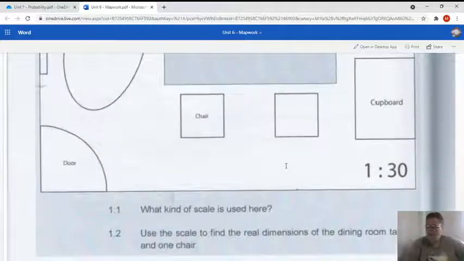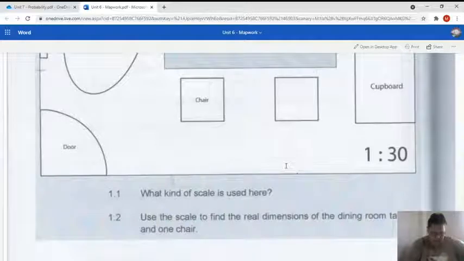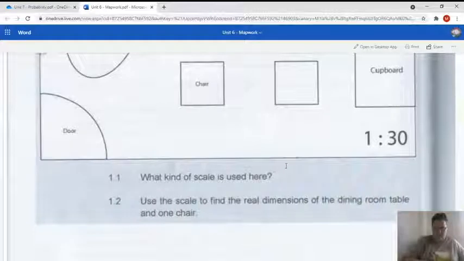If you look at this one here, what kind of scale is used here? Lucas, tell me what is used here. Fantastic, Lucas, thank you. And what do we call the other one without scrolling anywhere? What do you call the other one, Whitney? No, Whitney's not there. What do you call the other one, Jasmine?